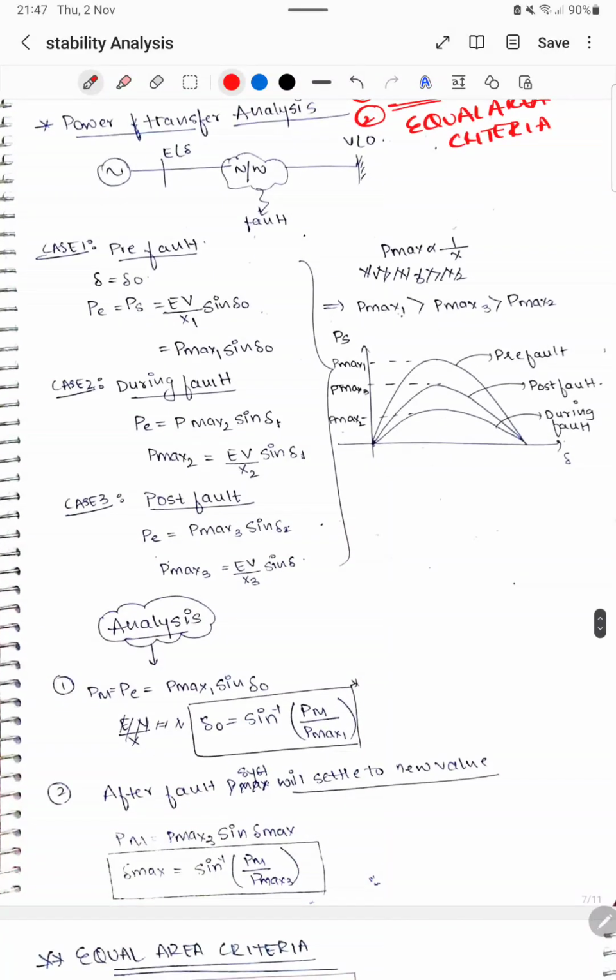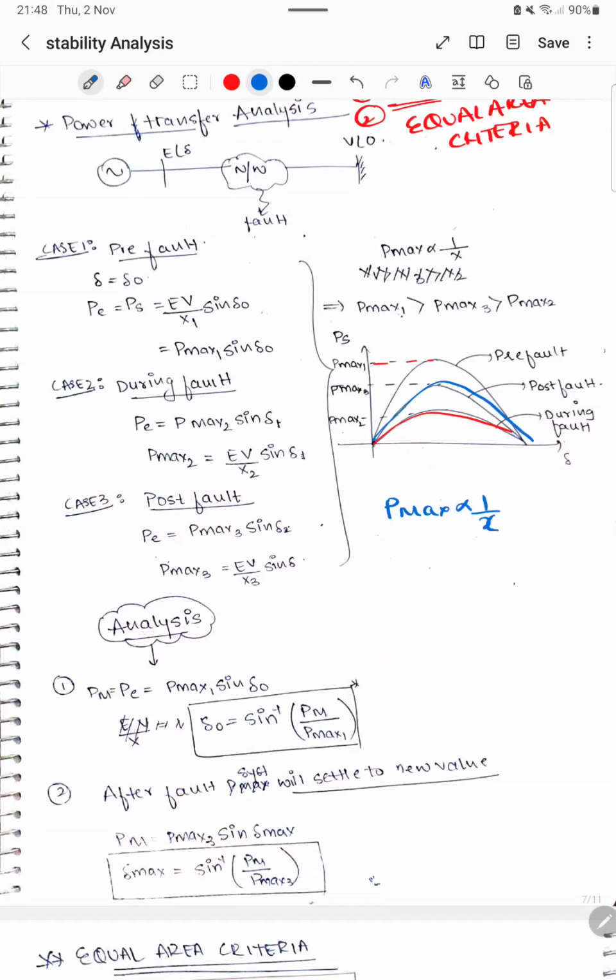So whenever there is a fault, there will be three cases, right? Pre-fault, during fault, and post-fault. And roughly the graph for pre, post, and during fault would be in this manner. Pre-fault Pmax will be maximum, during fault it will be minimum, and when the fault is cleared, it will be somewhere between. One more thing, Pmax is inversely proportional to x.